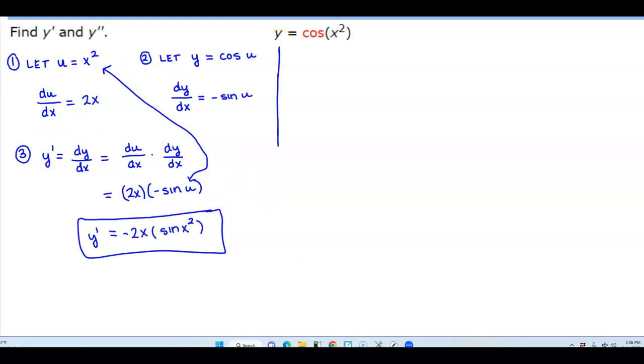So now let's find the second derivative. Okay, so now we're looking at the function where we have y prime, which is equal to negative 2x times the sine of x squared. Okay, so now we're going to use the product rule to find the second derivative.